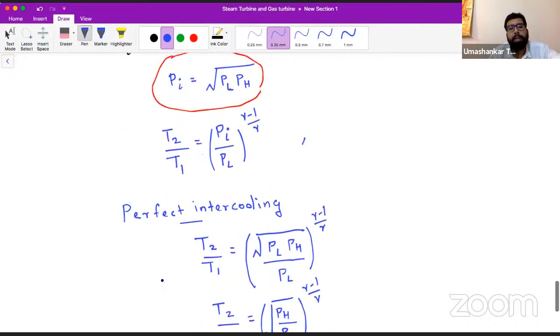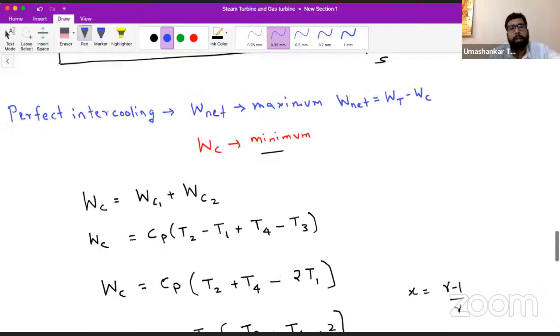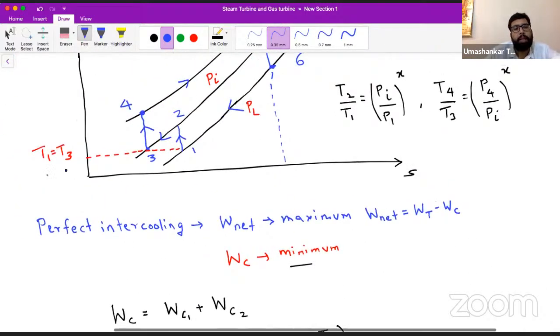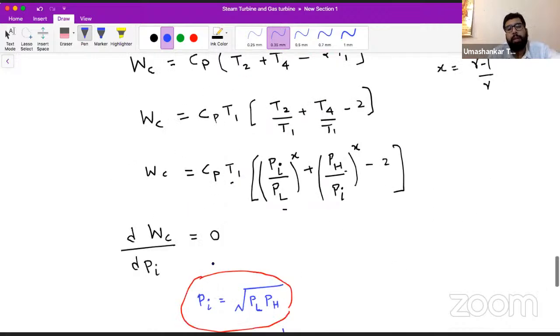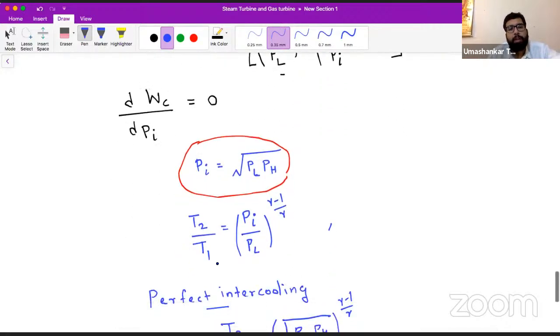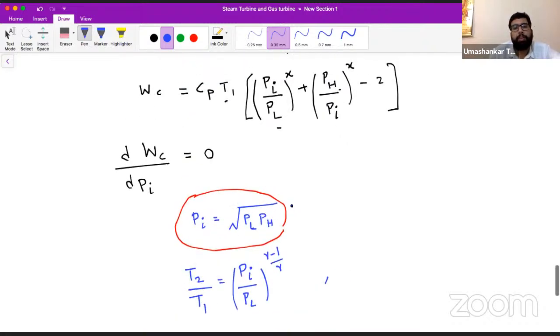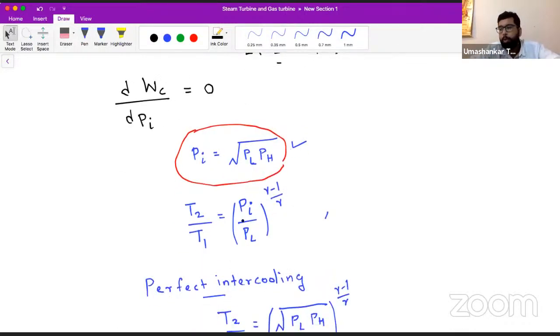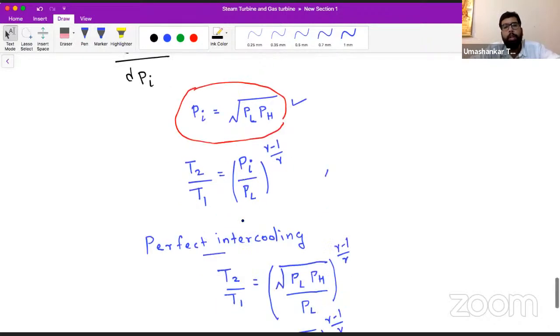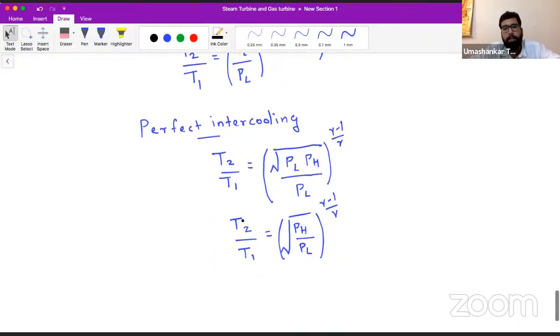Just remember that T1 is equal to T3, and then everything can come. Also, if you want to avoid the derivation, just remember that Pi is equal to root PL PH. And if you don't want to memorize, you can also derive it quickly.